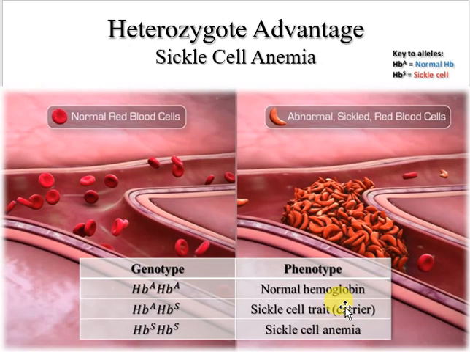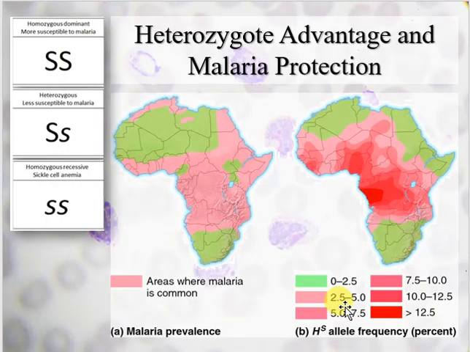This is considered a heterozygote advantage because of its connection to malaria. There's been a lot of evidence that shows carriers of the sickle cell allele are less susceptible to malaria, and it has to do with the mutation of some of these red blood cells into a sickled form.